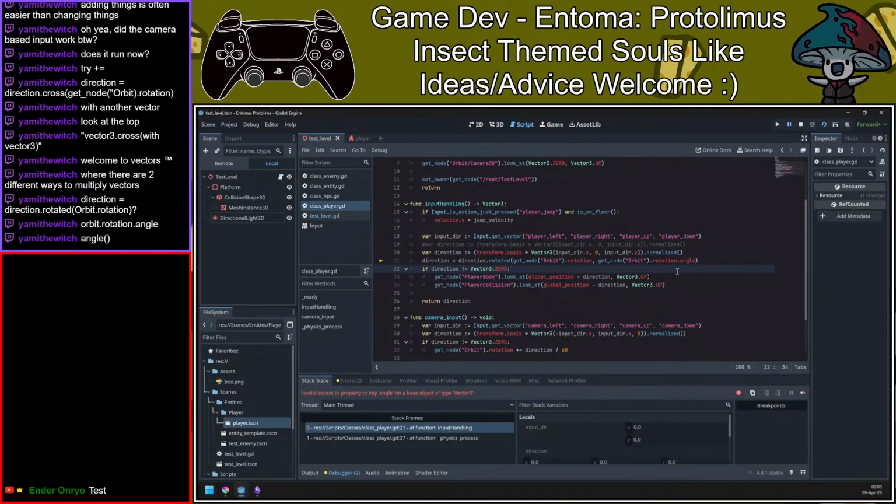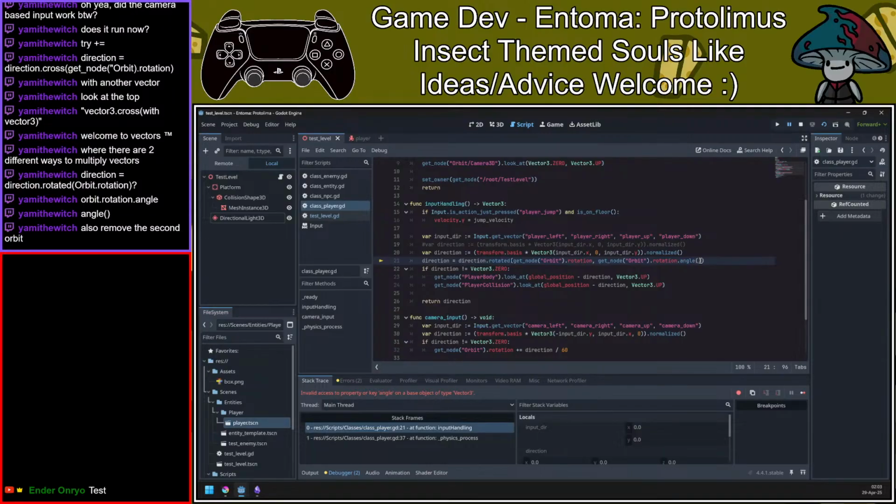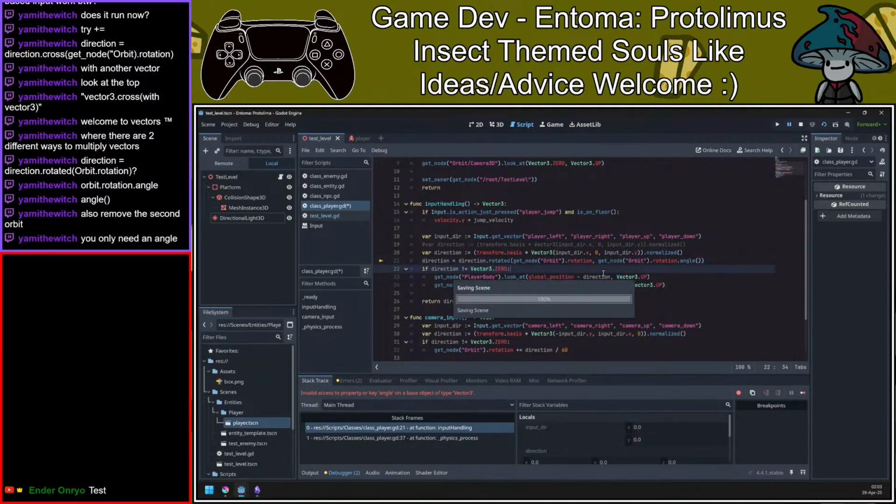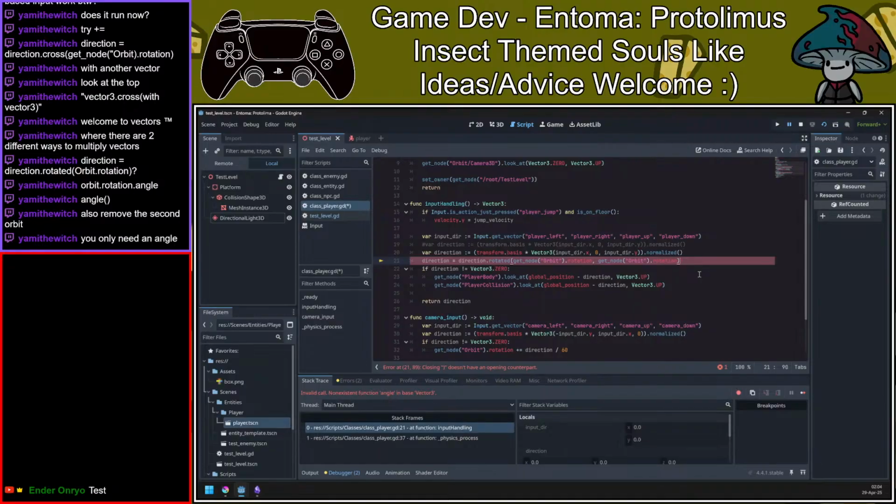Angle is apparently not a thing. Why is it a function? Non-existent function angle in base Vector3. Orbit dot rotation. Remove the second orbit. You were saying to add the second orbit, because rotated calls for two values. It needs the Vector3 and it needs a float.